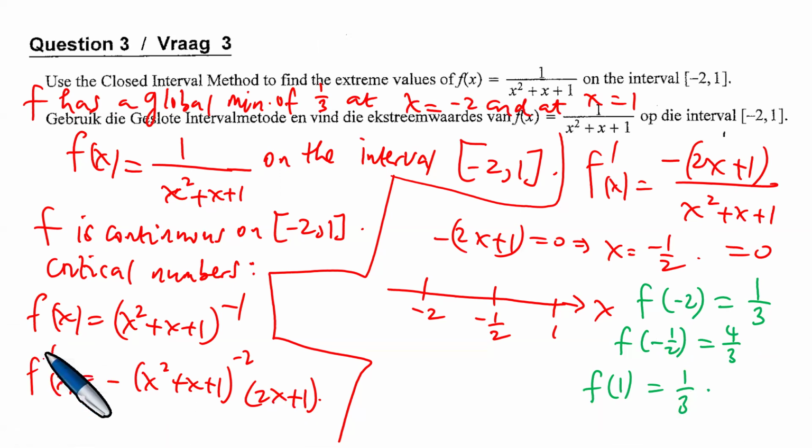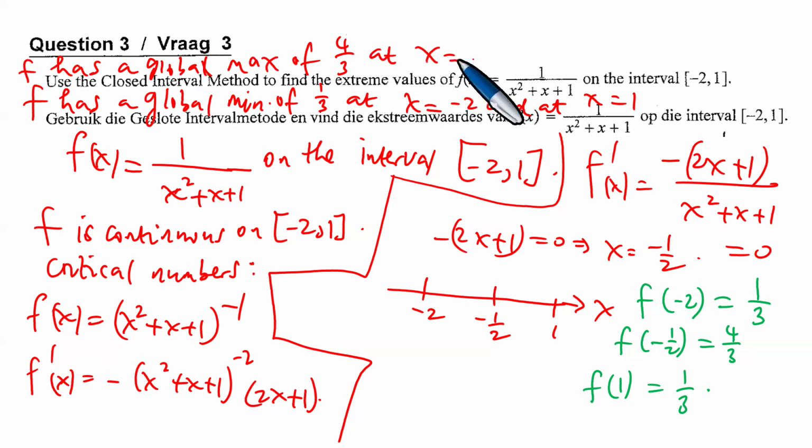And then you would also note that f has a global maximum, which is the global max of 4/3 at x equals minus 1/2.